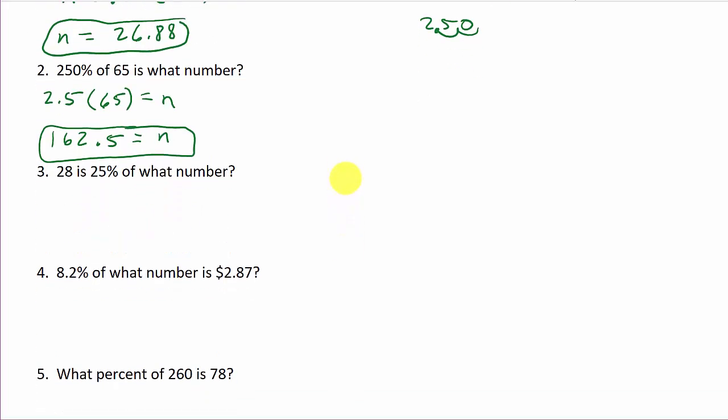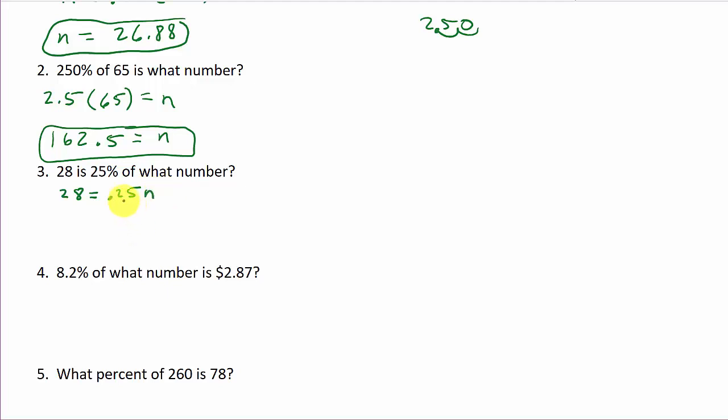All right, so let's look at this one. 28 is 25%, so that's 0.25 of what number? Of, so that's times what number? That's going to be n. Well, now in this problem, we're going to have to solve for n.